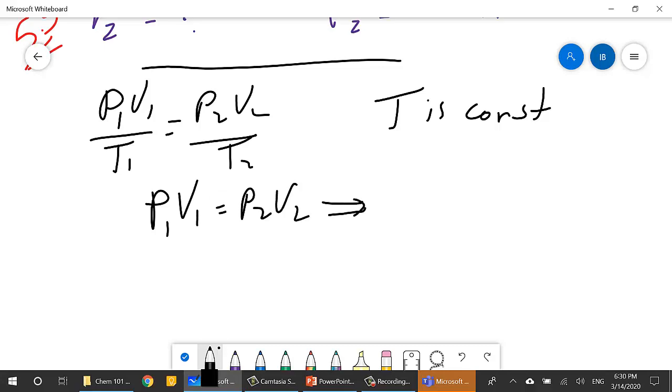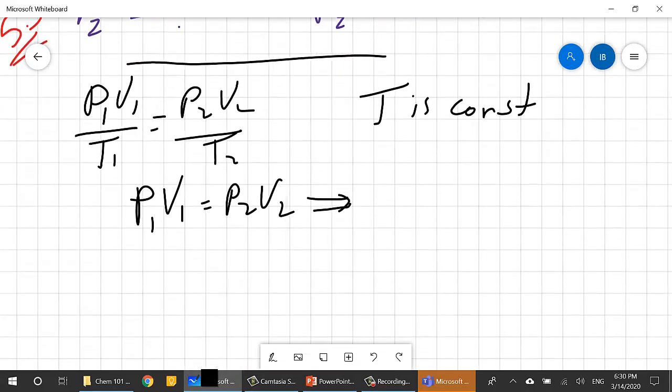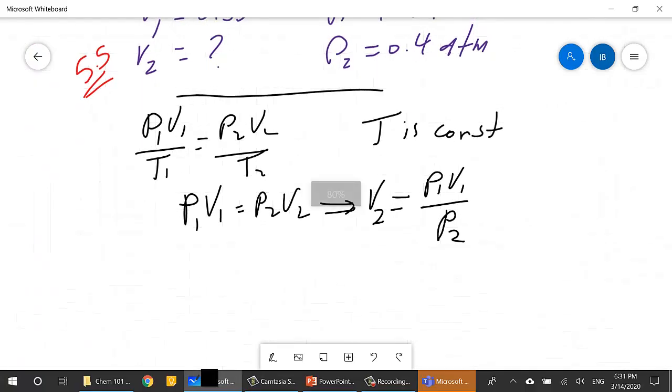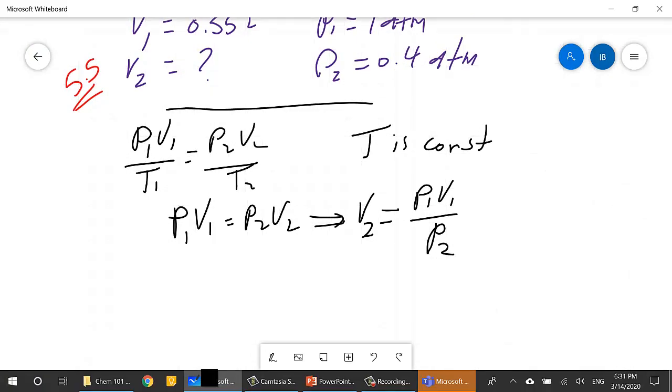Now we are being asked for V2, so in this case you can say V2 is actually P1 V1 over P2. So let's double check here. He's asking for V2. Yes.